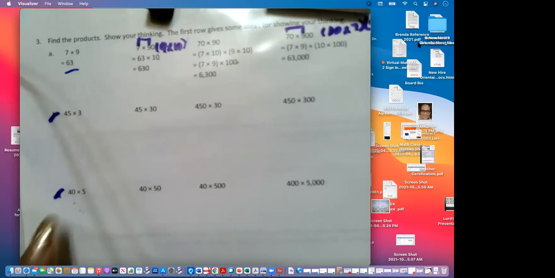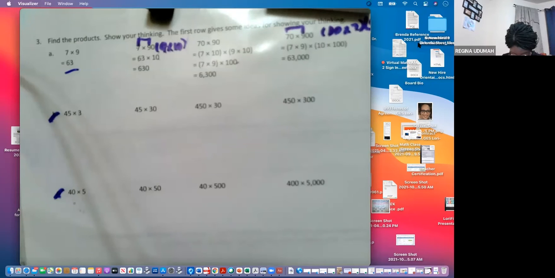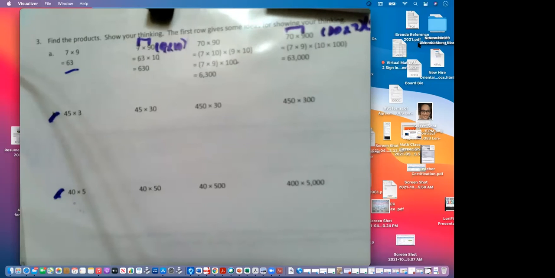C is 40 times 500, 40 times 50, 40 times 500, 40 times 5,000. D, 718 times 2, 7,180 times 20, 7,180 times 200, 7,180 times 2,000. Use any of the strategies that we've talked about, okay?